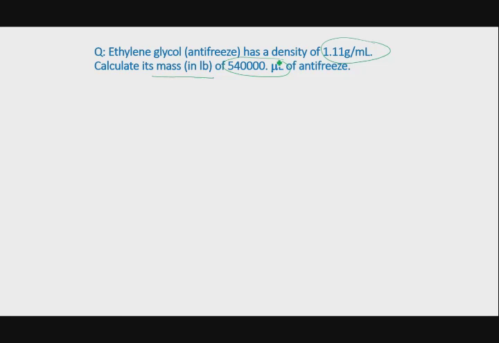Okay, so going back to the original formula of density being mass divided by volume, what would mass be equal to? Absolutely, mass will be equal to density times volume.